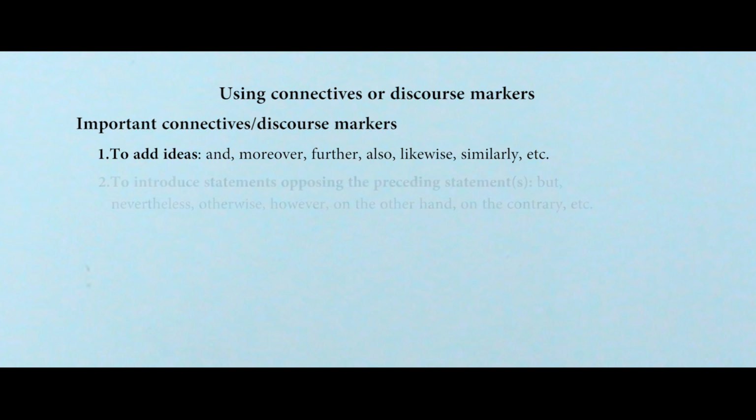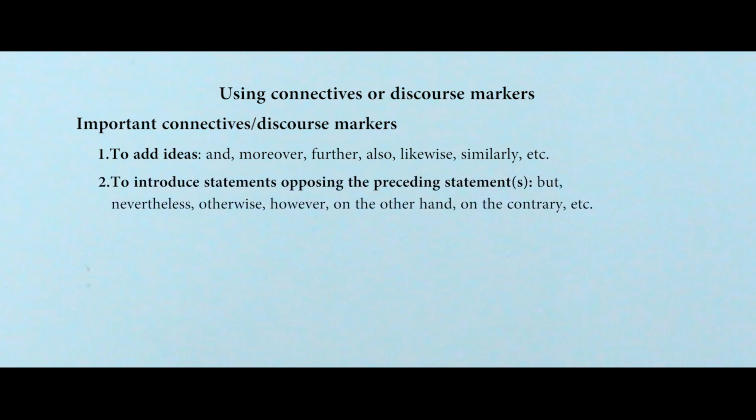Second one, if you want to introduce statements opposing the preceding statement, that means on the contrary, then you may use words like but, nevertheless, otherwise, however, on the other hand, on the contrary.